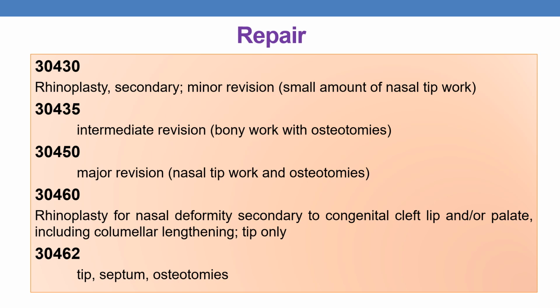It includes tip only. If all tip, septum and osteotomies are included, the CPT is 30462.